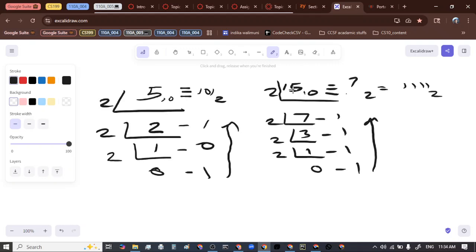So it's basically doing it one more time. We write it like this: 1 1 1 1. This is 2 to the 0th position, so 1 times 2 to the 0 plus 1 times 2 to the 1 plus 1 times 2 to the 2 plus 1 times 2 to the 3.